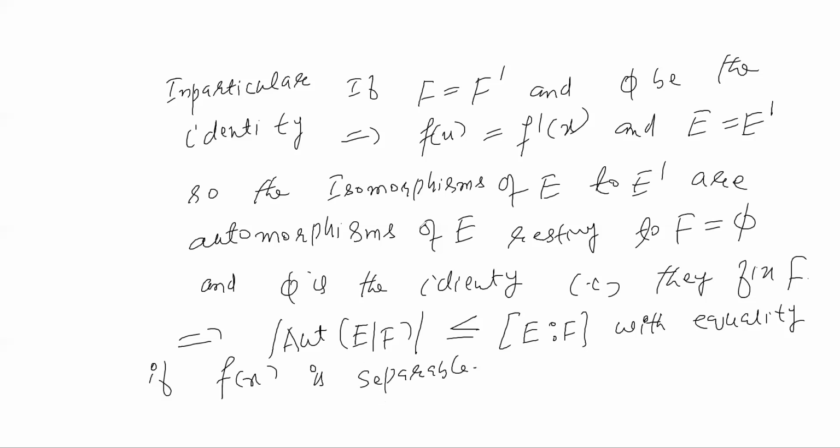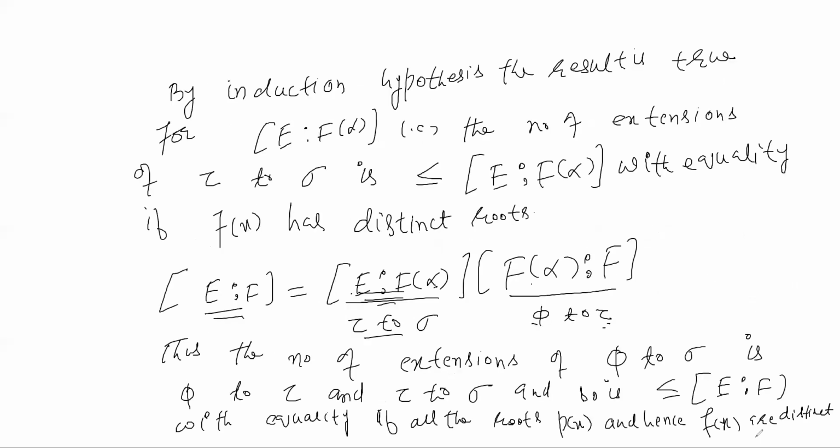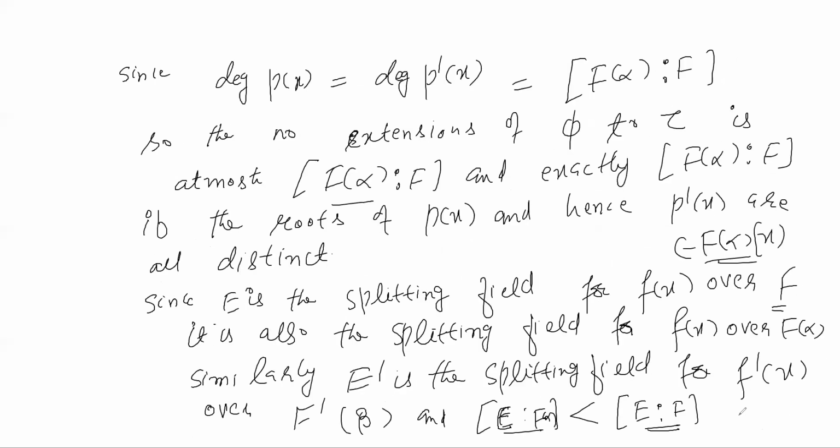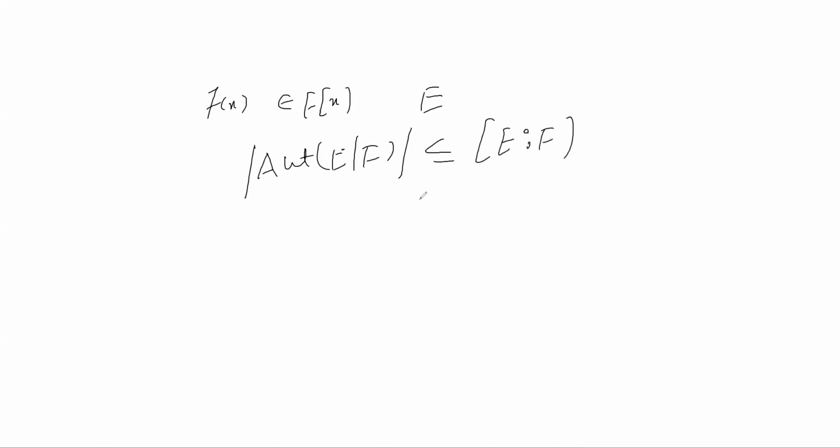So we have proved this proposition: if we have a polynomial f(x) over a field F and E is its splitting field, then the group of automorphisms of E fixing F, its order is less than or equal to the degree of extension of E over F, and it is exactly equal if this polynomial f(x) is separable.